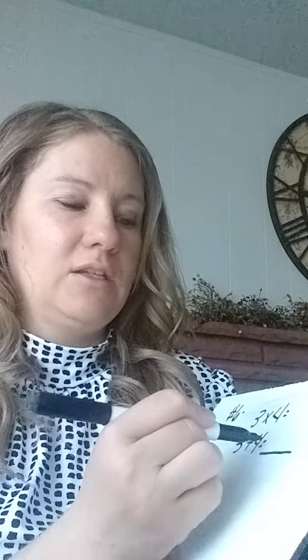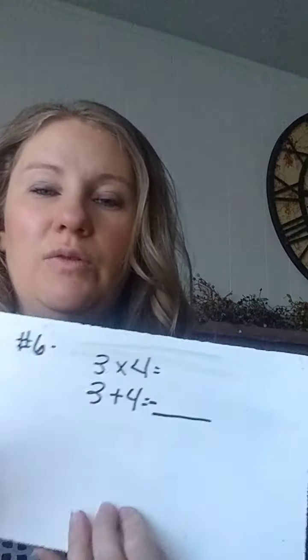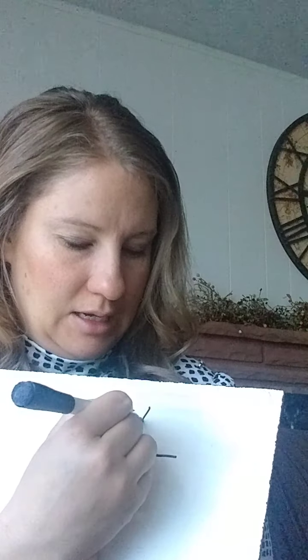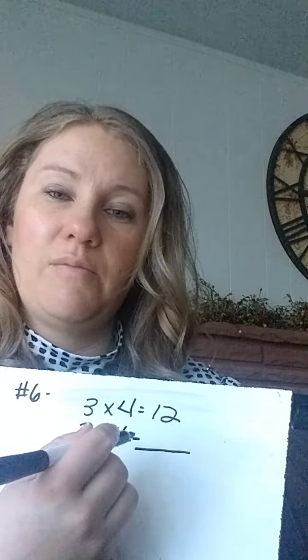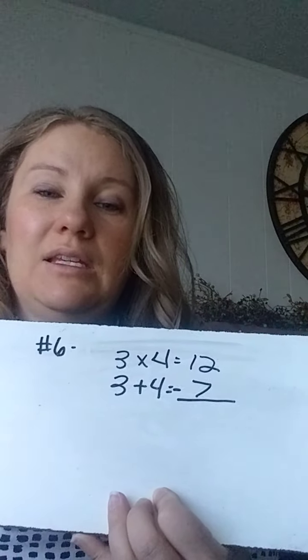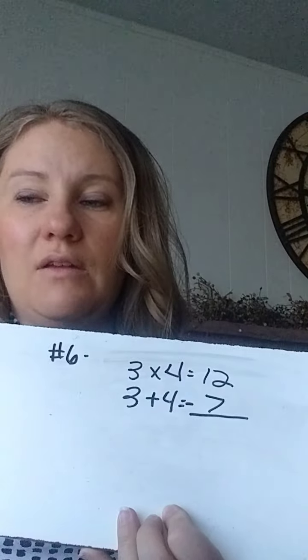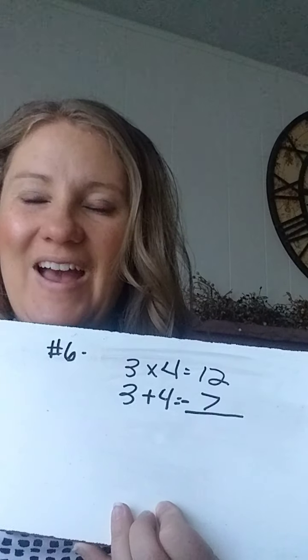So once we get our answers, we'll subtract. So we know that 3 times 4 is 12, and 3 plus 4 is 7. So now you'll go 12 minus 7 to get your answer. I think you can figure that one out on your own. You got this. All right, go ahead and pause it if you need to. We'll go ahead and move to number 7.